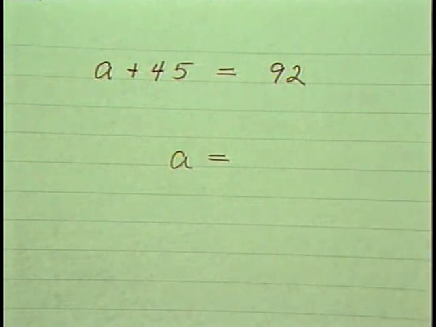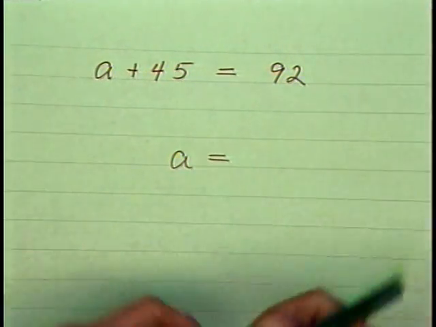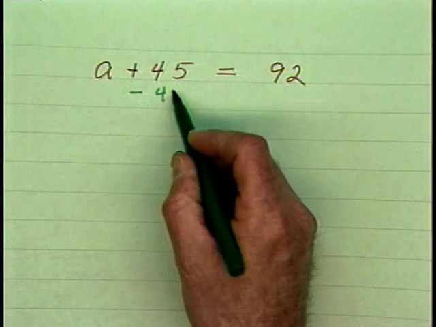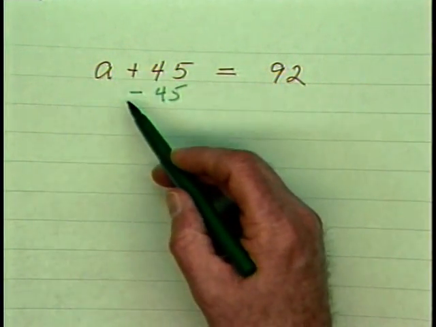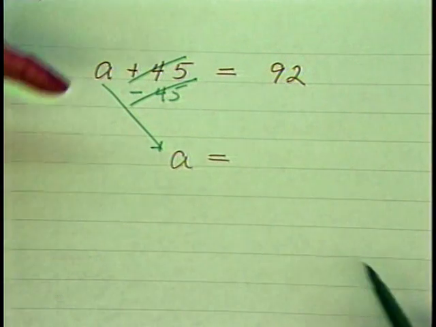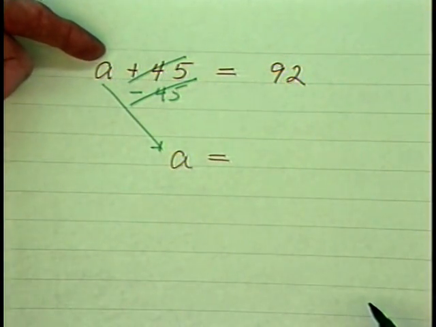And that method, first introduced here, is that in very simple sentences like this, if I subtract 45, having added 45, this undoes that and gets me down to the variable by itself.